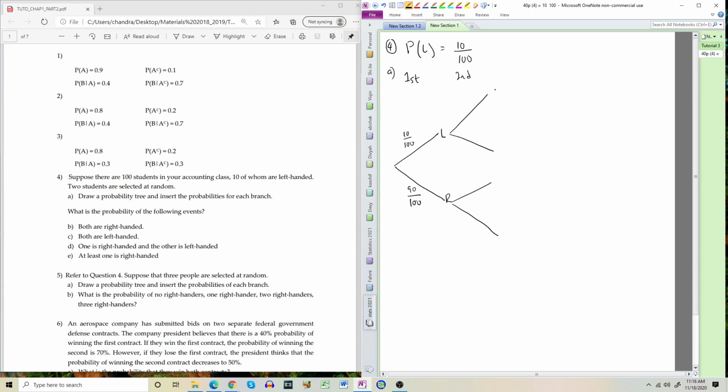The second student also can be left-handed or right-handed. Since we already chose one student out of 100, now the total is 99.